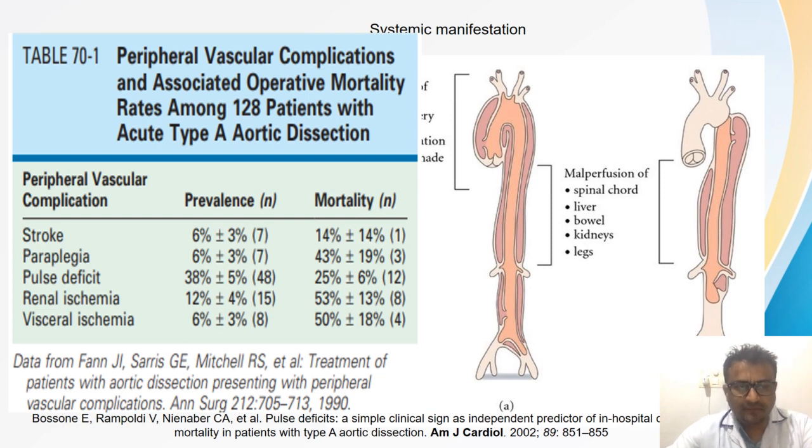When one of the distal peripheral pulsations is deficit, the mortality increases by 25%. And when visceral ischemia exists, like renal ischemia or visceral ischemia, mortality is increased by 50%. So it is very important to diagnose the malperfusion symptoms when patient presents with the pain.